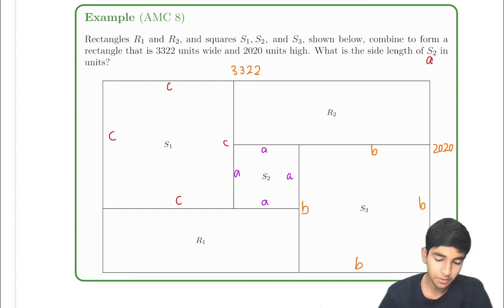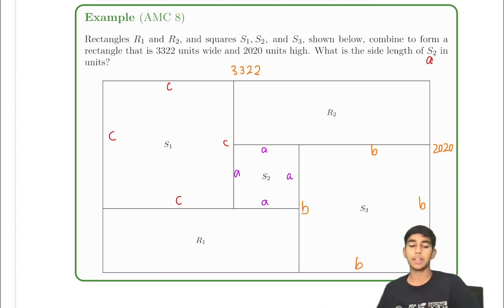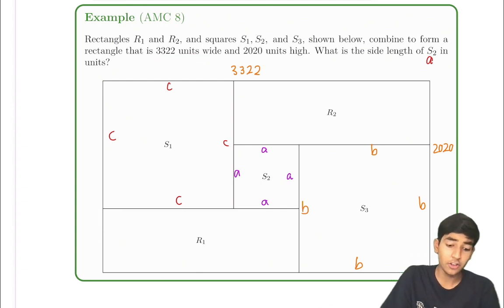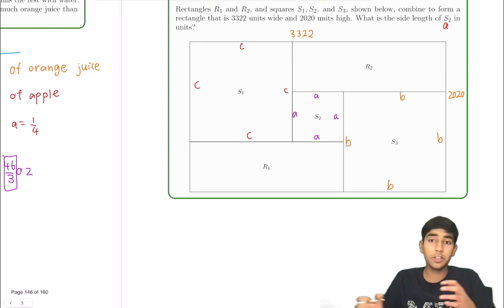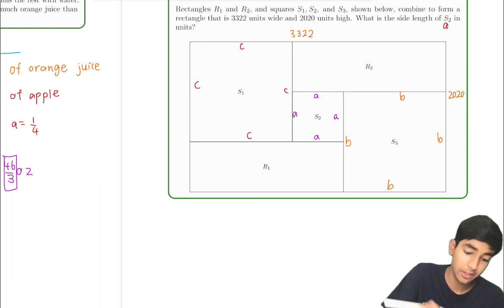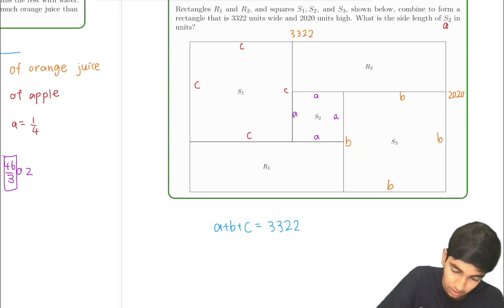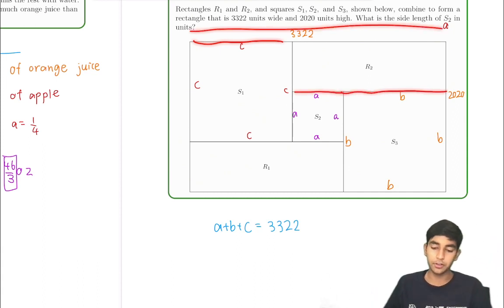Interesting. So the only condition we're given is this 3322 and 2020. So let's write that as an equation. The strategy is don't worry too much about what's going on, just convert it to an equation. They're much easier to deal with. A plus B plus C equals 3322, and that's this equation over here, because C plus A plus B forms the full side length 3322.